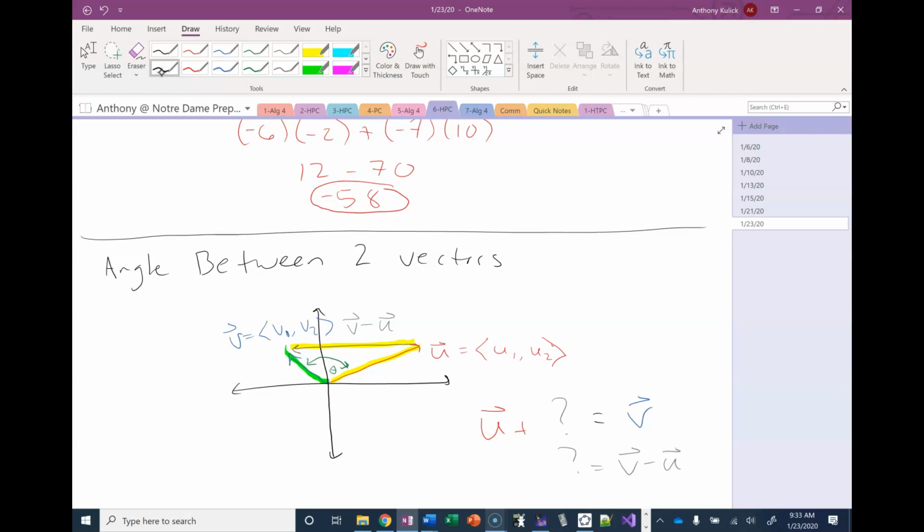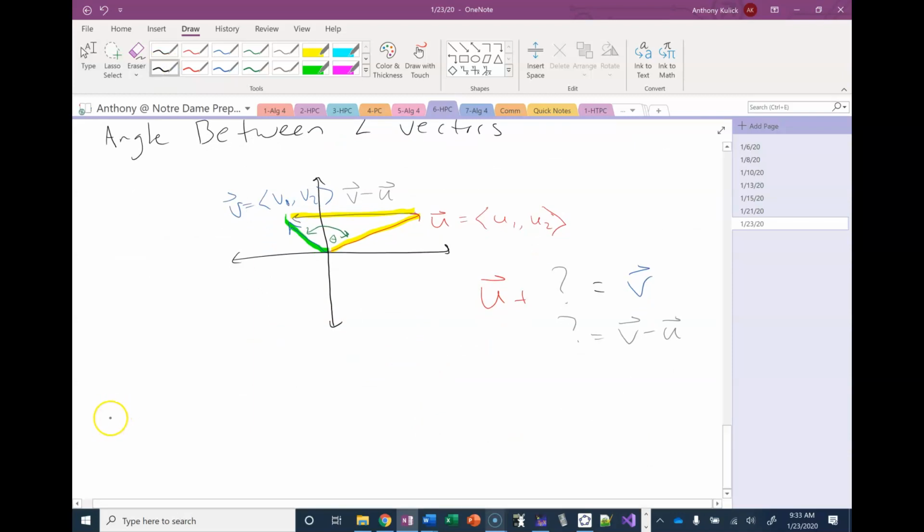You all just took a test on this quite recently. So if I know all three, what was that? Law of cosines. Very good.